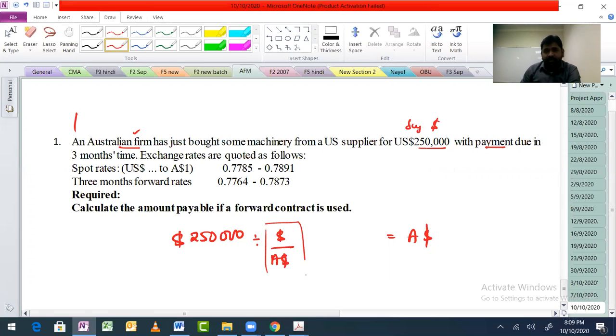Now, in this market, when you want to buy dollar, can you buy dollar here? No. So we will have to do what? Sell Australian dollar. That's the option left. Fine. And when you sell, for selling, what is bad, high or low? Low.